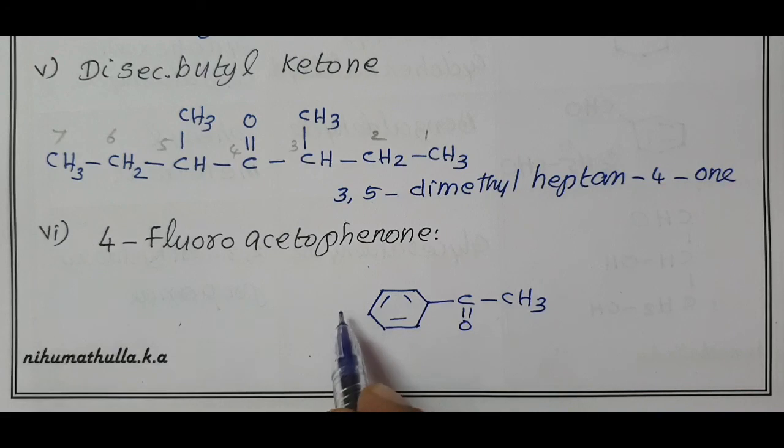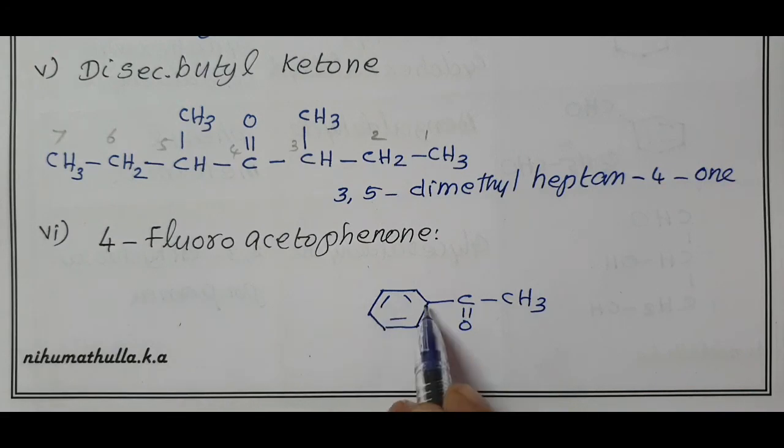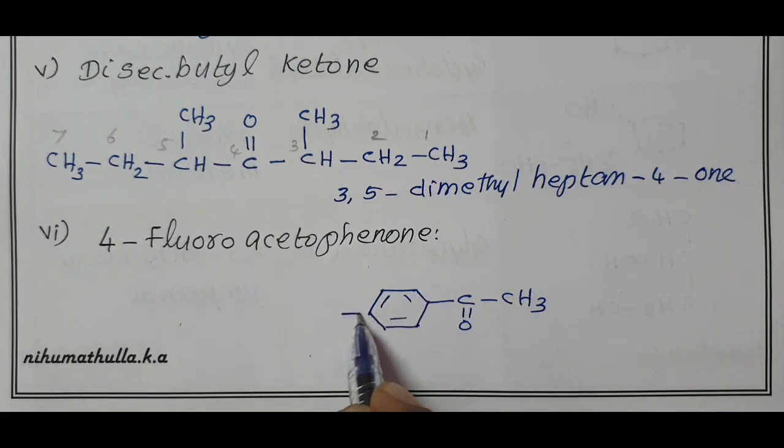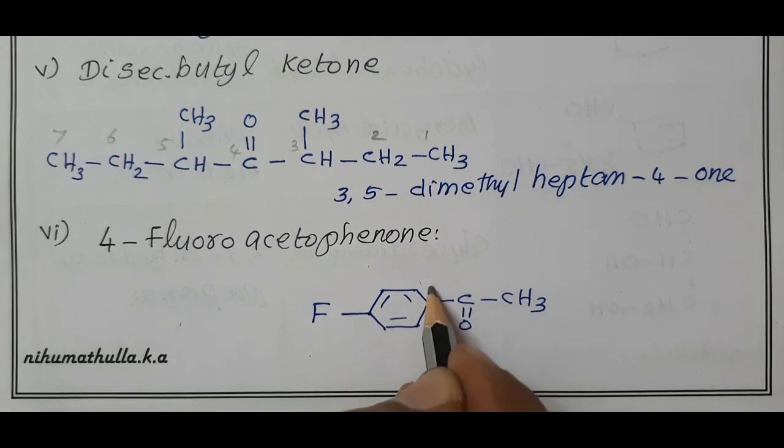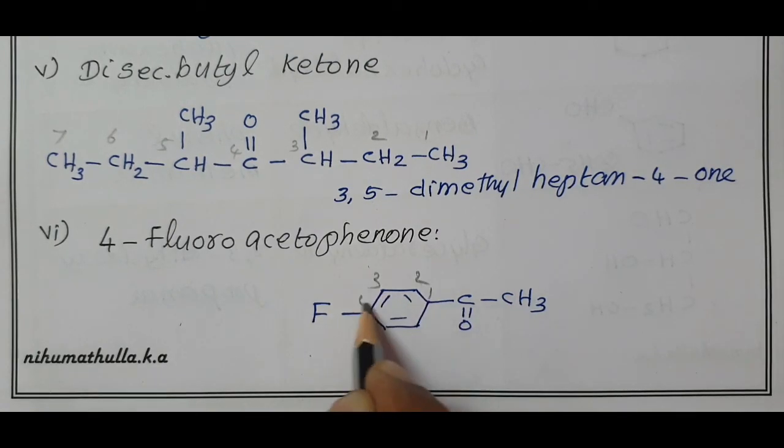In acetophenone, this fourth position, 1, 2, 3, 4, is occupied by fluorine. When we give numbers 1, 2, 3, 4, 5, 6, it is 4-fluoroacetophenone. So totally 6 molecule structures we have discussed.